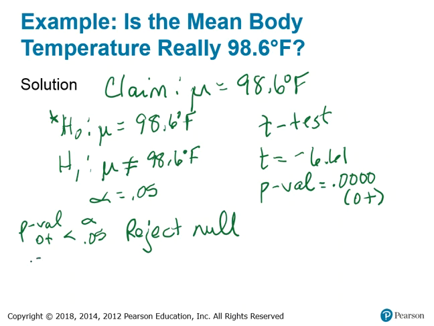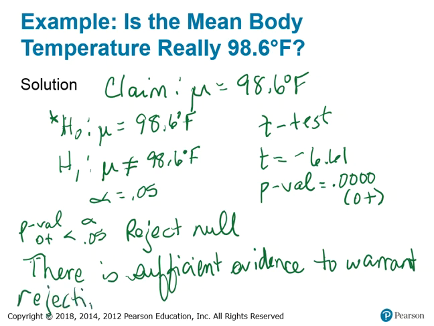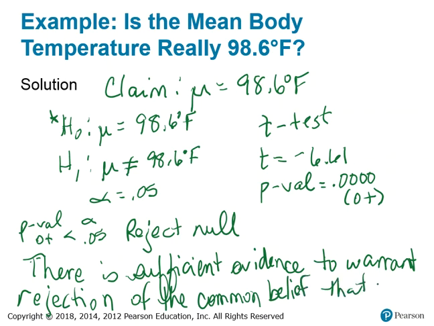So the statement is, there is sufficient evidence to warrant rejection of the common belief, which is the claim, that the population mean is 98.6.